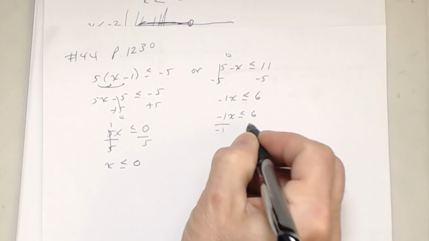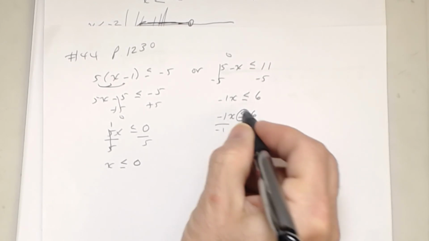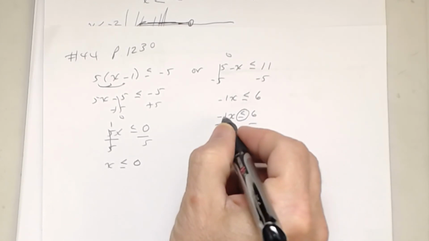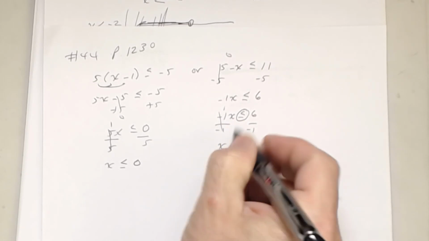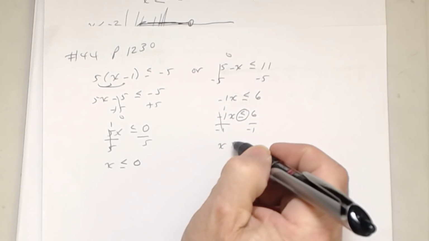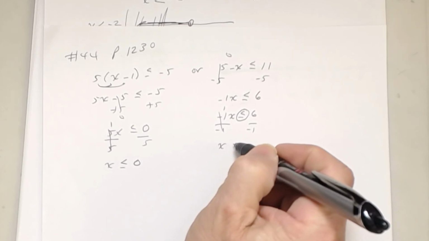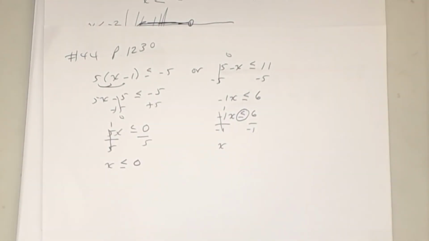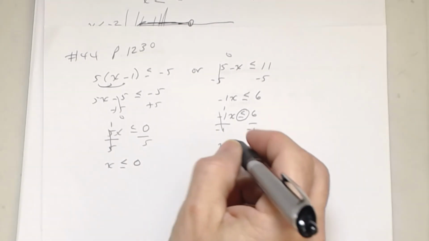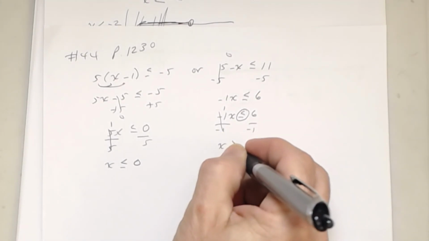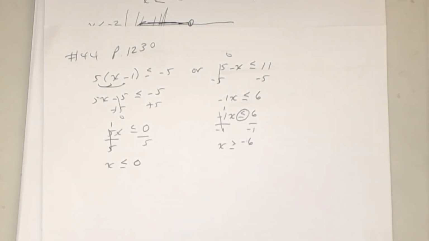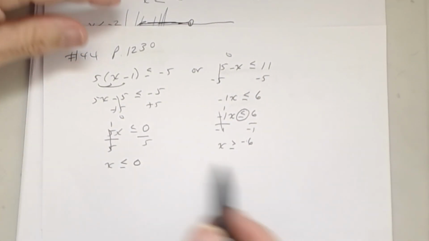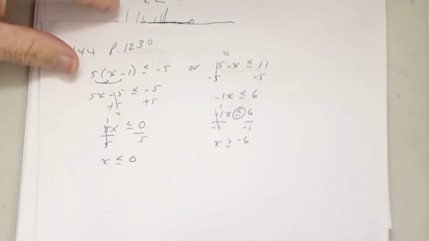Since I'm dividing by a negative number, I've got to reverse the inequality symbol. -1 divided by -1 is 1. 1 times x is x. So the solution to that second inequality is any real number greater than or equal to -6. Okay. All right. So then you graph each one individually.